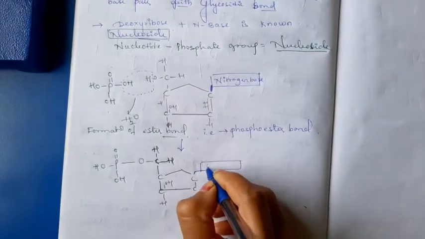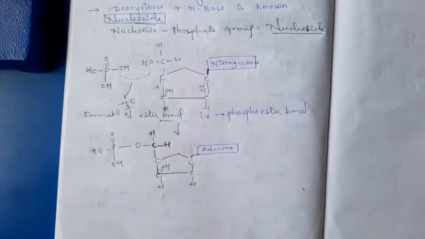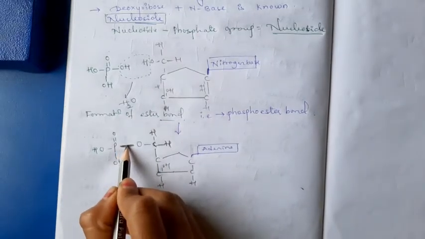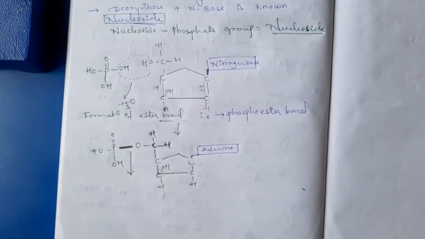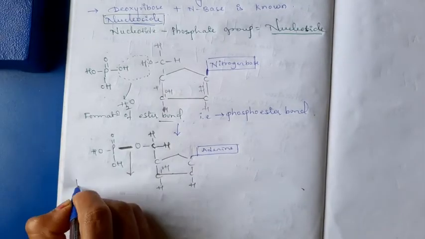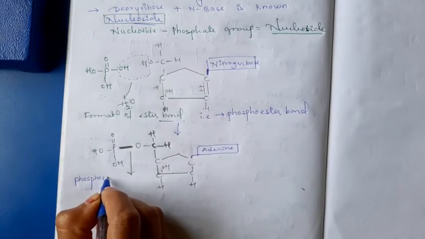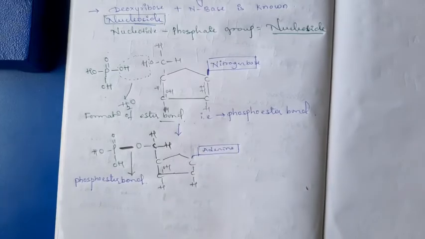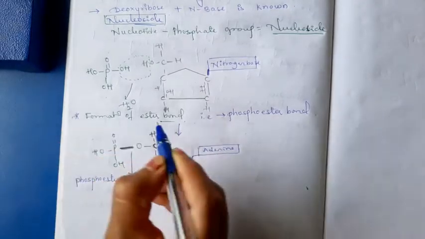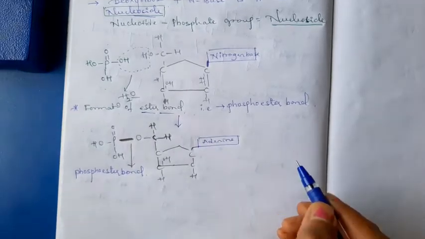Here I will take adenine. Nitrogen base, for example, adenine. Okay. Here the bond which is present in between phosphate group and deoxyribose is known as phosphoester bond. Okay. Here you can see the formation of water molecule and formation of phosphoester bond.